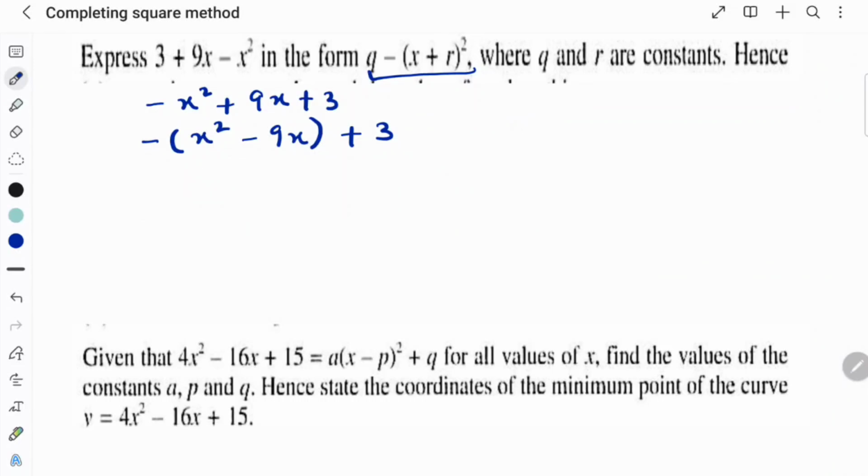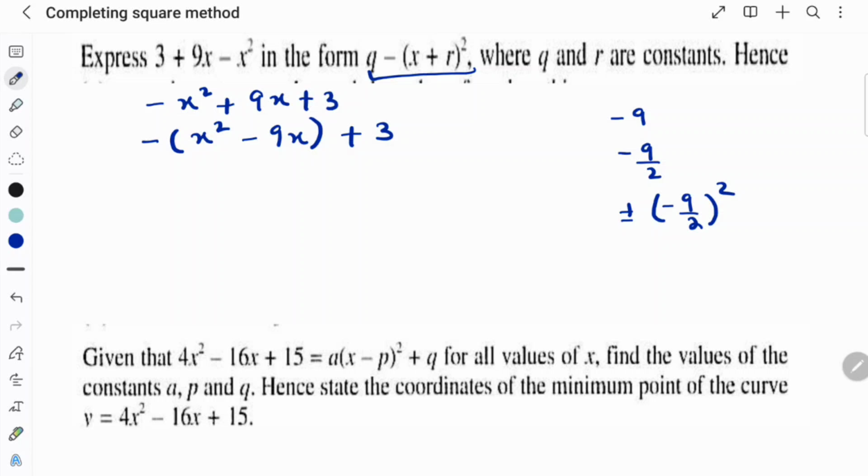Now it is 9, and you know that it is equal to (9/2)². So what do we do in this question? Minus 9 is the coefficient and minus 9 over 2 will be your half number, and you will add and subtract (−9/2)² in this question.